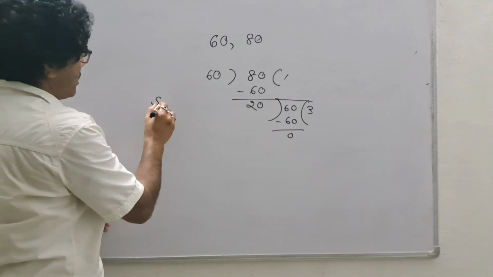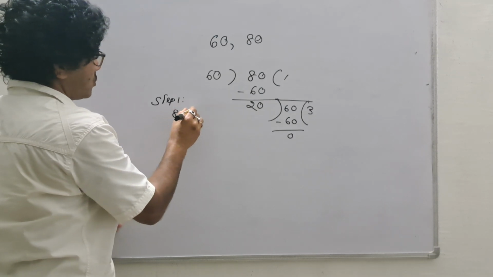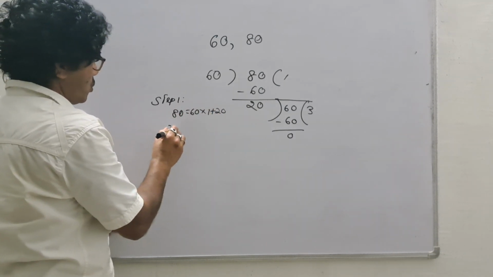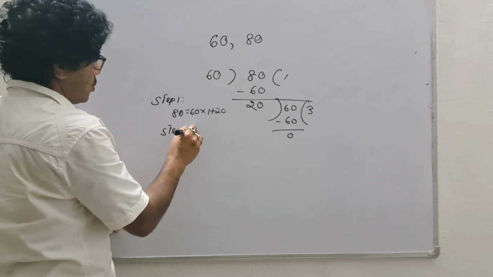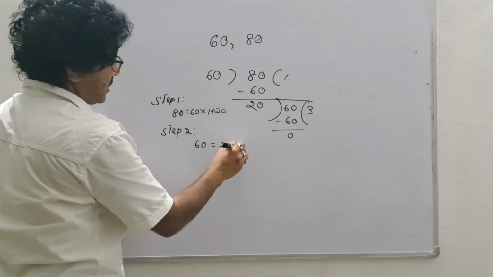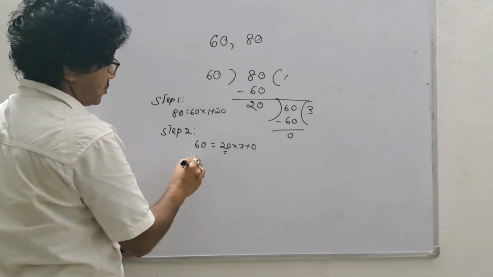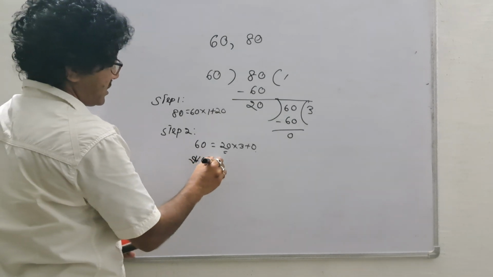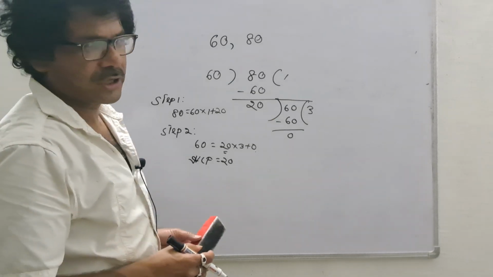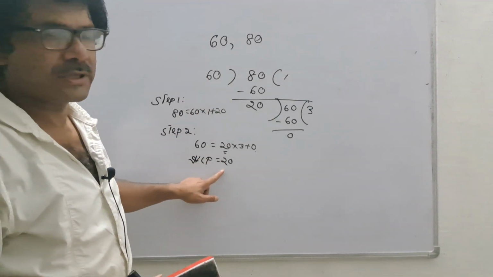So in step 1, 80 is equal to 60 multiplied by 1 plus 20. Step 2: 60 is equal to 20 multiplied by 3 plus 0. For this divisor the remainder is 0, so this divisor is the HCF. So this is Euclid's division algorithm. Using this we have got the HCF of two numbers.